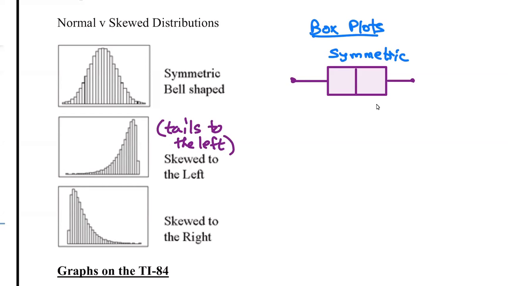Those little extreme values, those lines that come off of the box, those are tails. We just want the one on the left to be longer than the one on the right. It really doesn't matter what the box itself looks like, as long as the tail on the left is longer than the tail on the right. All right, so it's skewed left, and again, that's because it tails to the left.